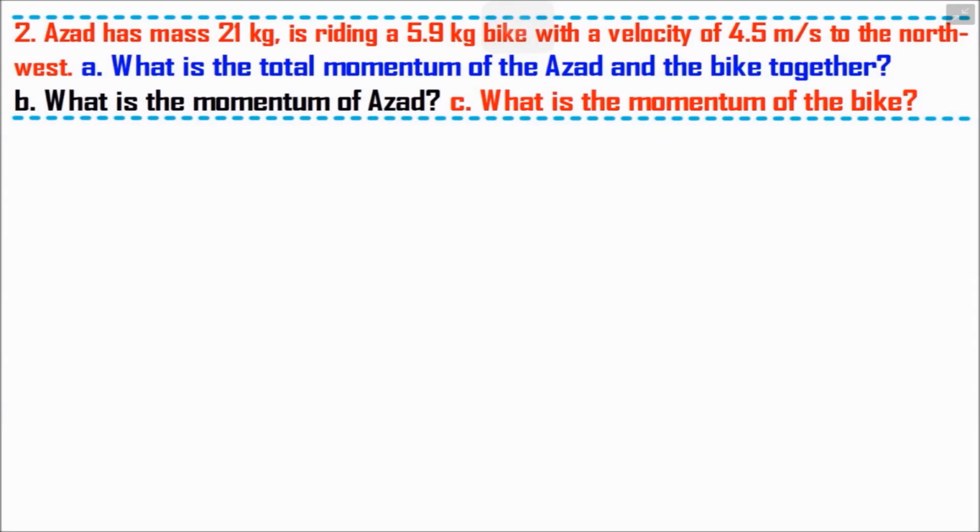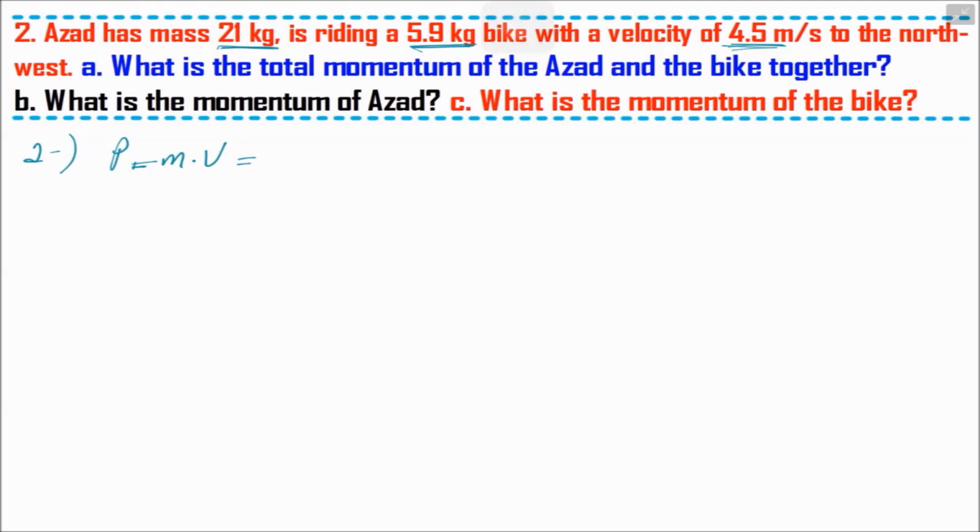In this question it says Azad's mass is 21 kilogram and he's riding a bicycle of 5.9 kilogram, and their velocity is 4.5 meter per second to the northwest. At A, what is the total momentum? Formula of momentum equals again m times v.